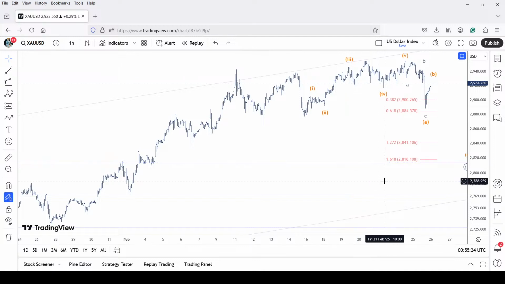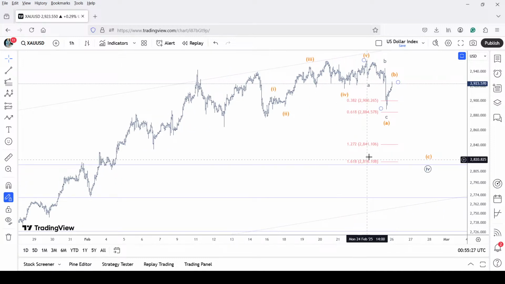The third wave C, which is the 1.618 Fibonacci target, is right around the 38.2% mark, almost around 2818.